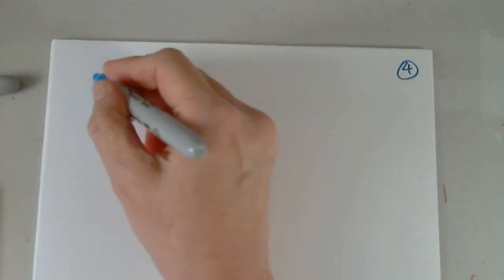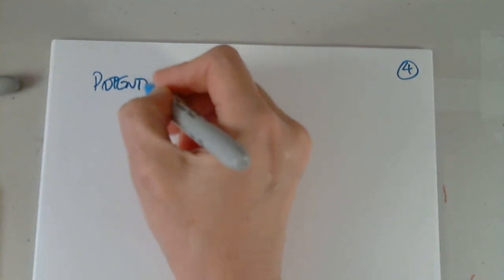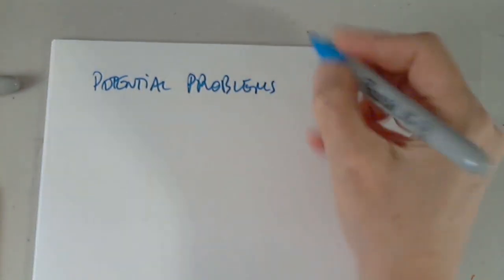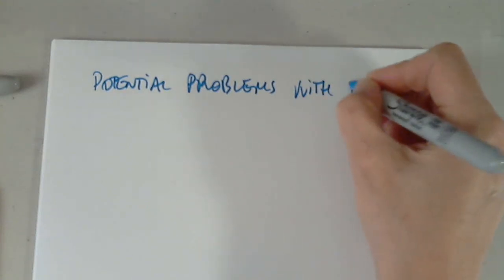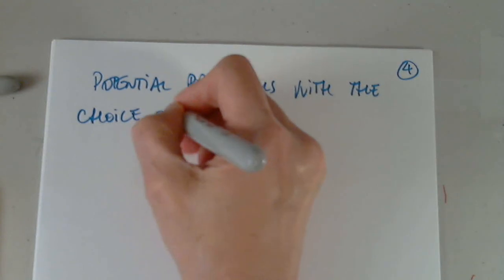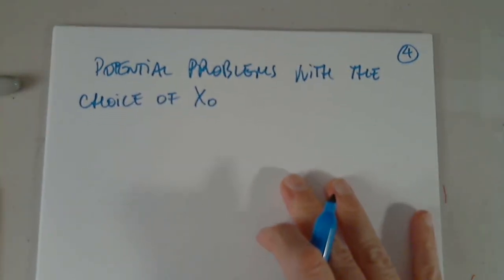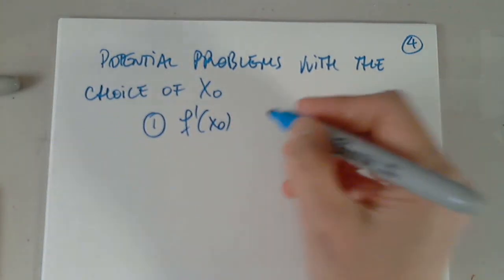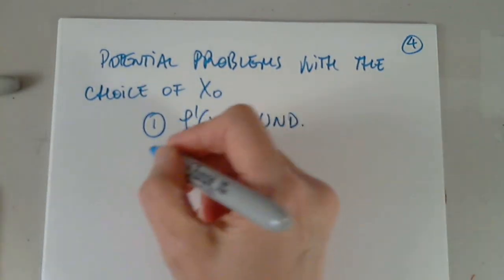So, potential problems with the choice of x sub 0. One, f prime of x0 undefined.